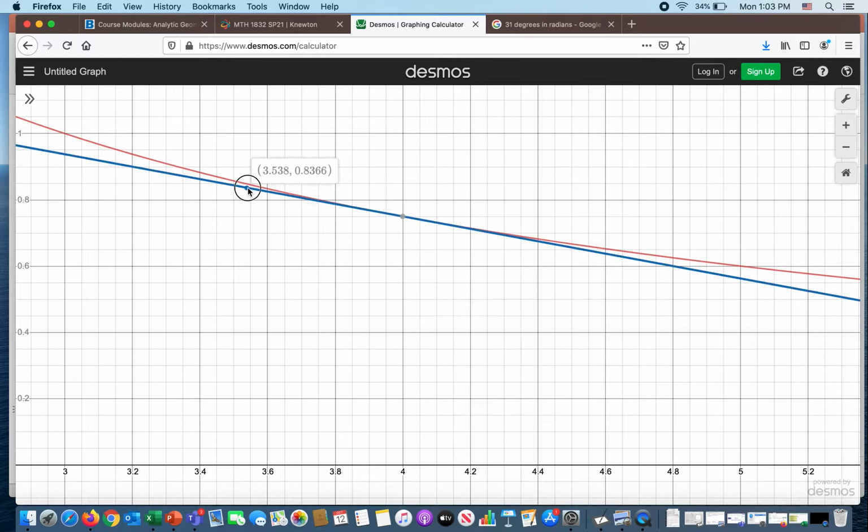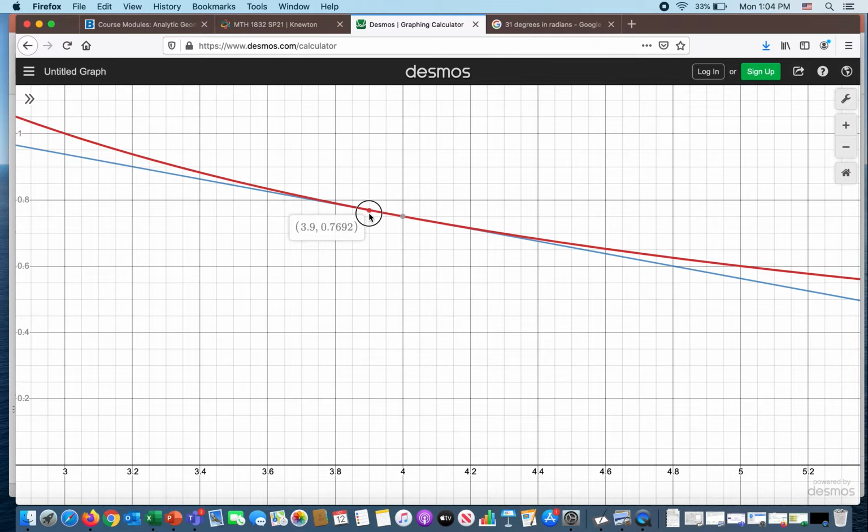We wanted to know what is the y value when x was 3.9. The approximation, traveling along the blue line, gave me 0.7688. If I travel along the red curve to 3.9, I get 0.7692.